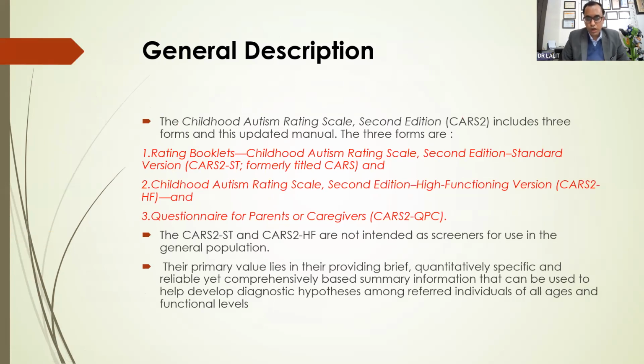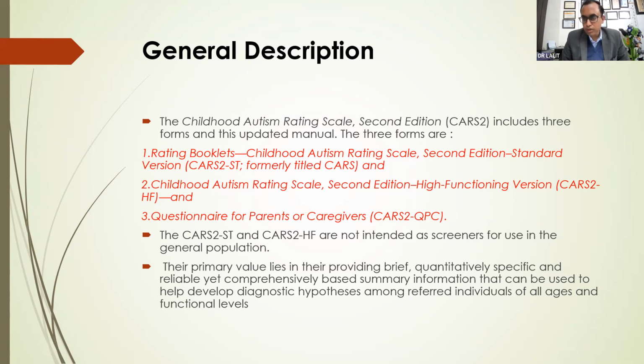So the CARS score is not intended for the purpose of screening, like we do with other scorings like MCHAT. They are for the purpose of diagnosis. And depending upon their values, they have been categorized into mild, moderate, or severe.